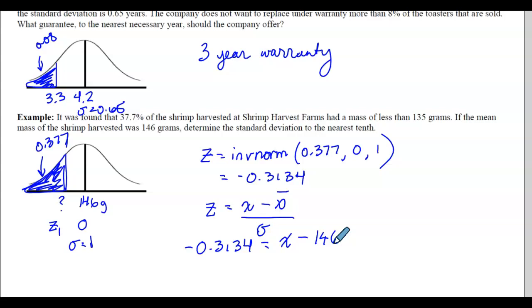I know my X is 135. So we know the Z-score from that, so I've got my X and I'm trying to find my standard deviation.